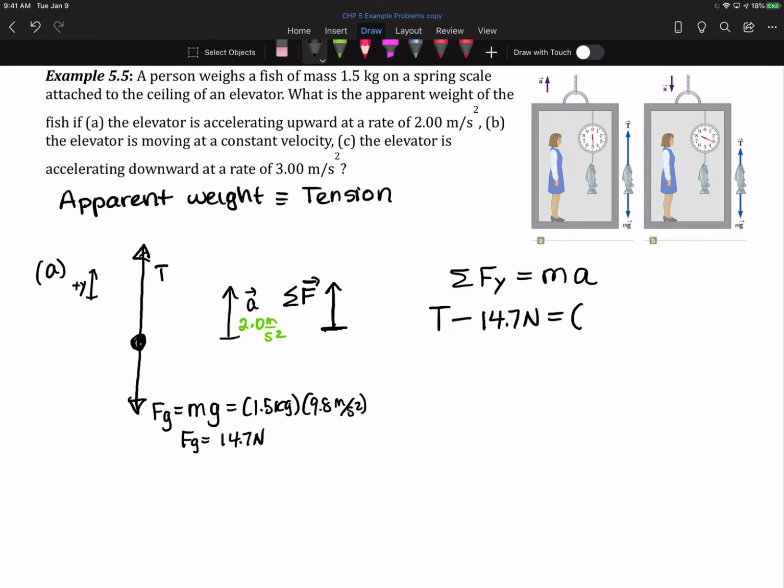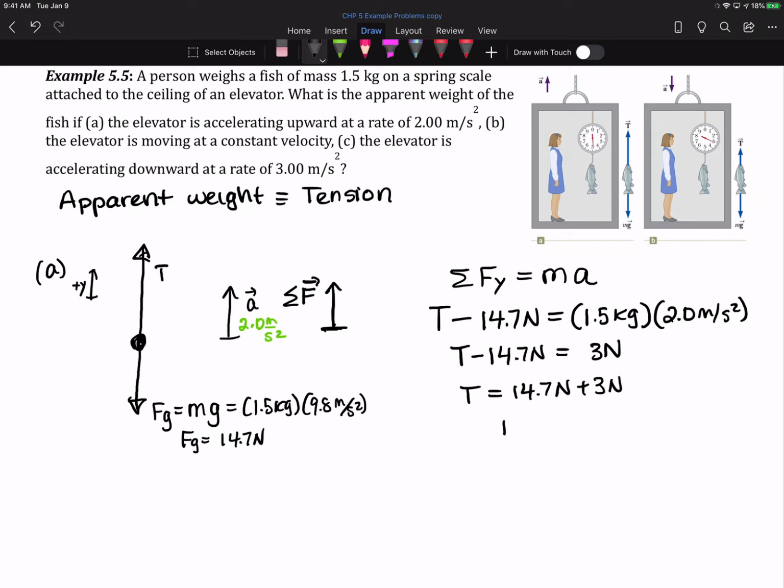And that has to equal the mass of the fish times the acceleration of the fish. And since the fish is in the elevator, the fish is accelerating at the same rate upward, which is 2 meters per second squared. So the tension minus the force of gravity has to equal 3 newtons. So if I add 14.7 to both sides, I get that the tension is 17.7 newtons, and this is the apparent weight.